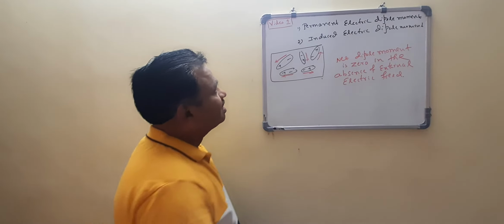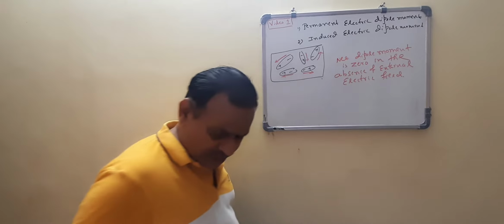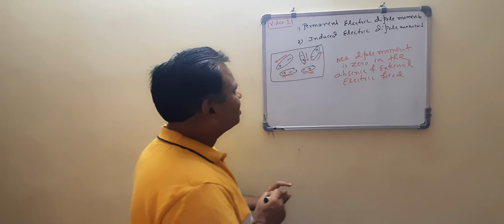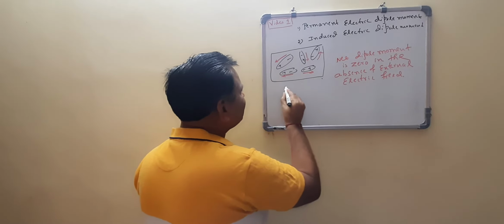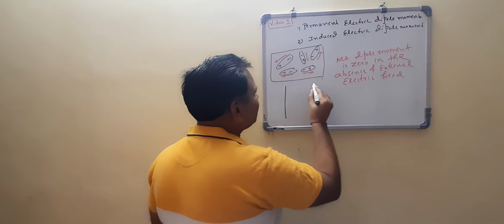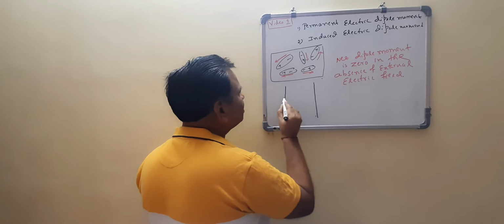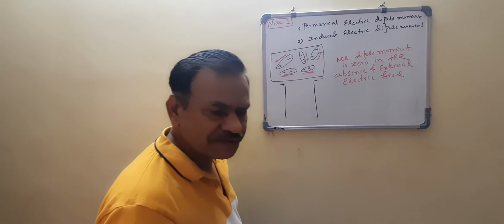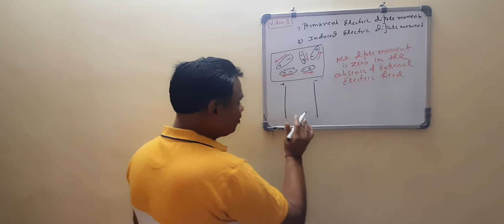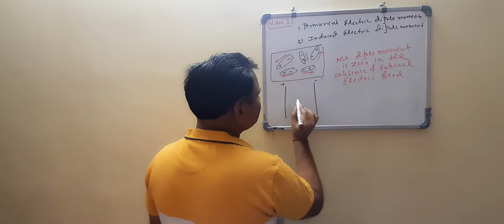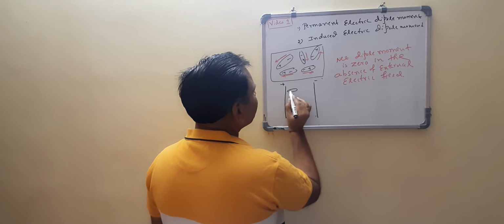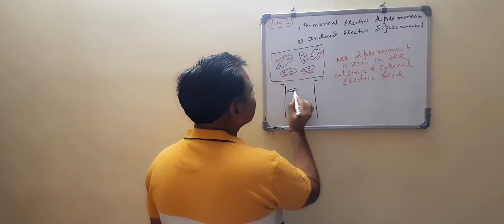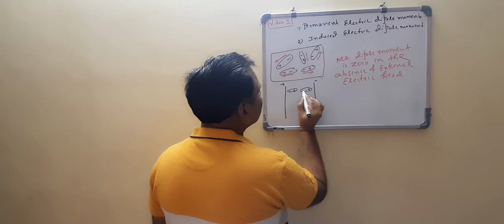Next, for such a material, I will apply the external electric field slowly. This plate is positively charged and this is negatively charged. When such dipoles are subjected to the external electric field, here minus plus, here plus minus.